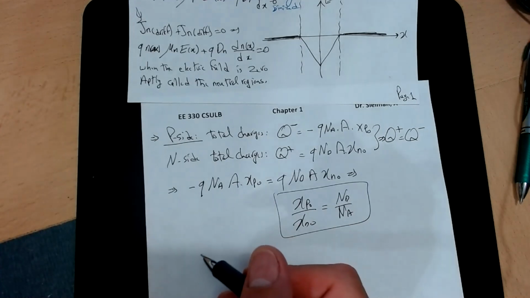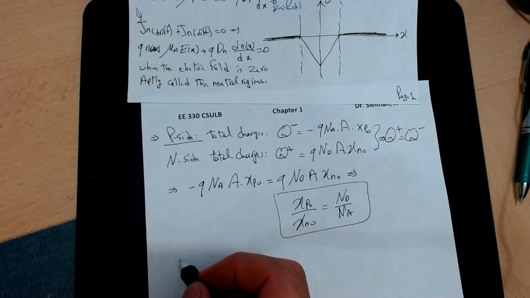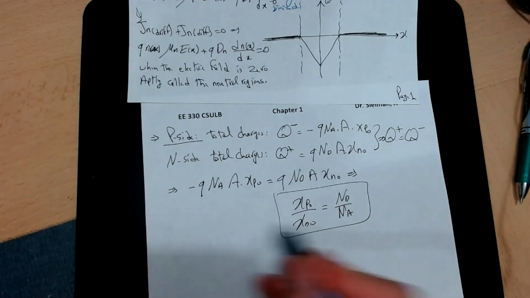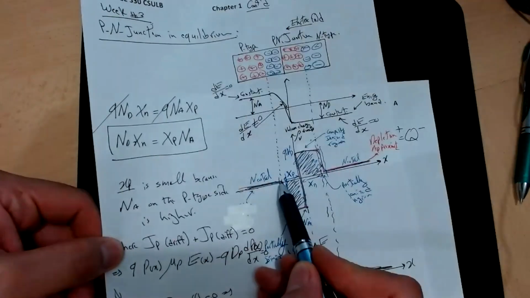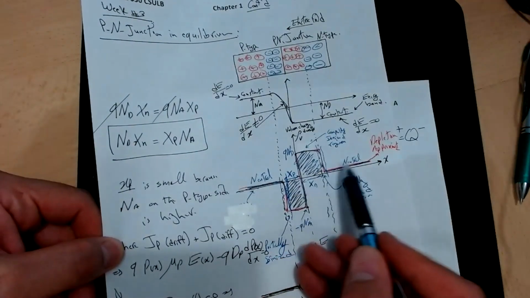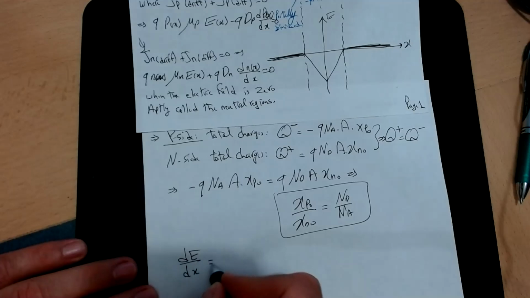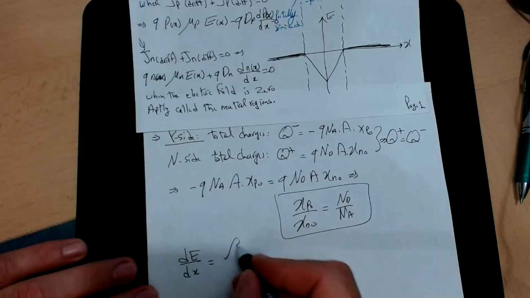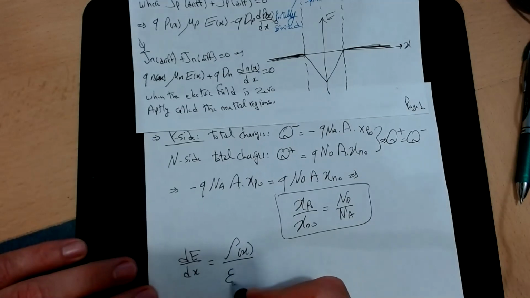So considering the rate of electric charge due to the distance from here to here, all of these rates are taken into consideration by dE/dx, which is equal to the charge density divided by epsilon for the silicon.